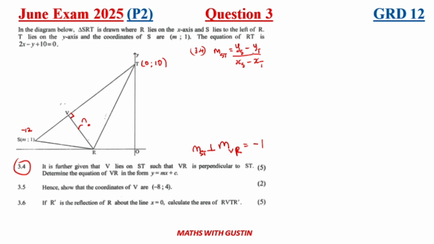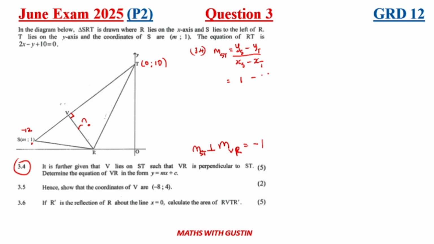Even if you use y1 minus y2, it's fine as long as you follow through with what you are doing. So y at S is... no, it's 1 rather. Sorry about that, guys. I was looking at this y here.